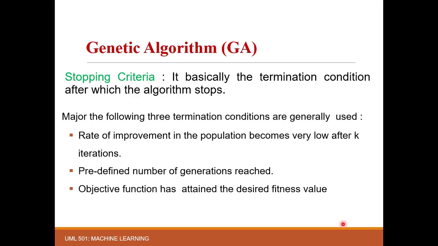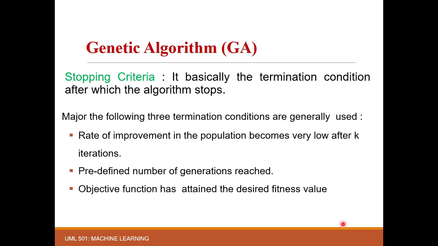But after some generations it becomes 18, 18.00001, 18.00001. At that time our rate of improvement becomes so small that if we go further with more generations, we will not get much benefit, so we have to stop. Or you have already predefined that you will go only to 10 generations, 15 generations, or anything according to your problem.